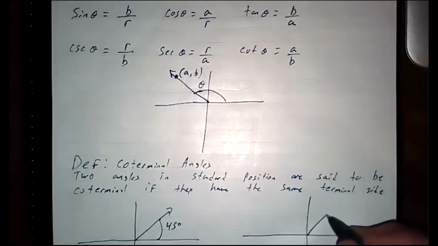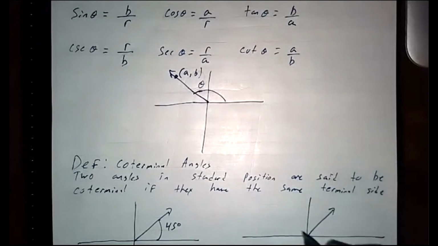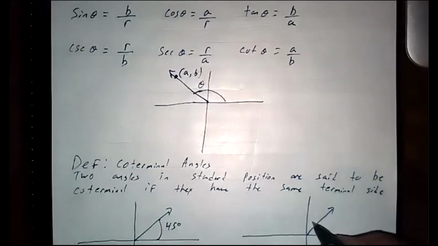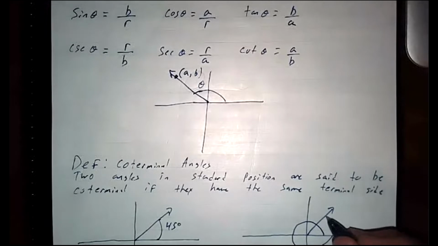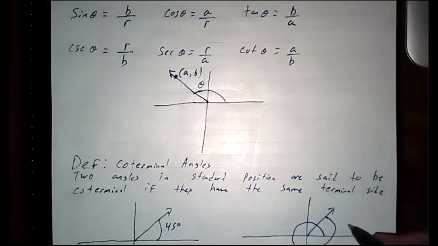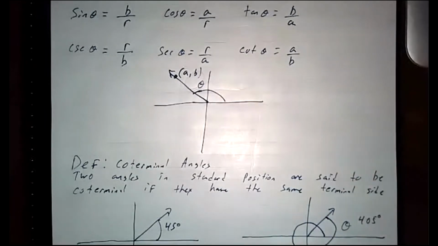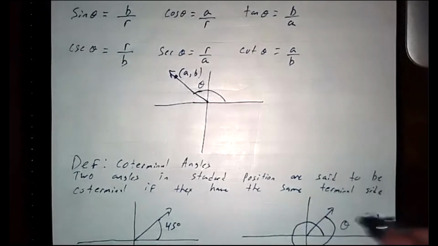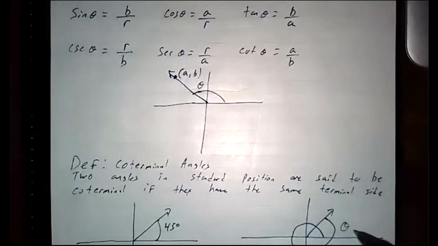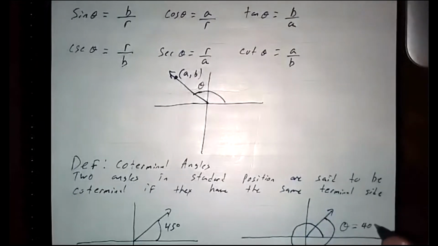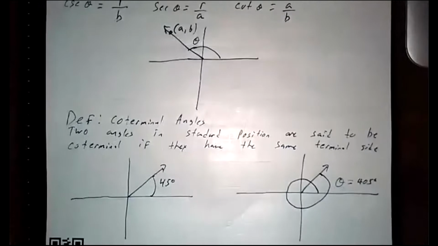And this guy is going to be the same angle, but I went all the way around and then landed here. See what I mean? So this theta is 405 degrees. Let me write that better. Does that make sense? You see how it's the same thing?